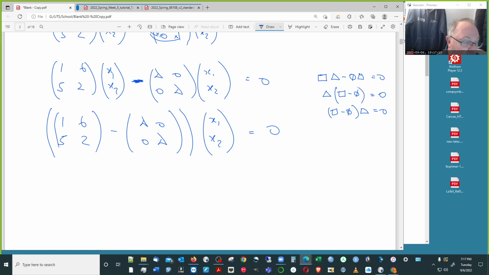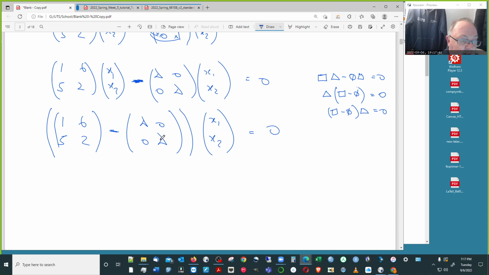Alright, so at this point here, we're nearly at the jumping point, but we're not quite there. So if we go ahead and do the subtraction of the matrices, each of the corresponding addresses get to subtract the equivalent corresponding address. So one corresponding address is lambda, so it will be 1 minus lambda from matrix subtraction. 6 will subtract 0, 5 will subtract 0, and 2 will subtract lambda.